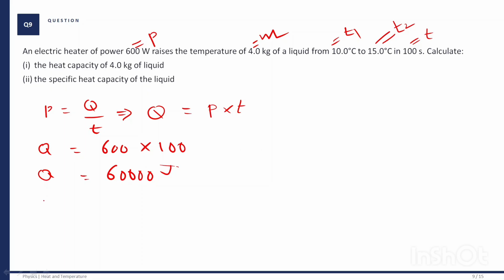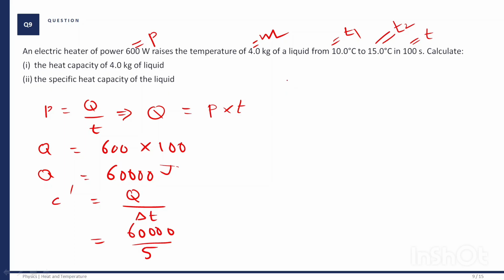Then we have a formula to find heat capacity: C dash equal to Q by delta T. Q is 60,000 by change in temperature 5.